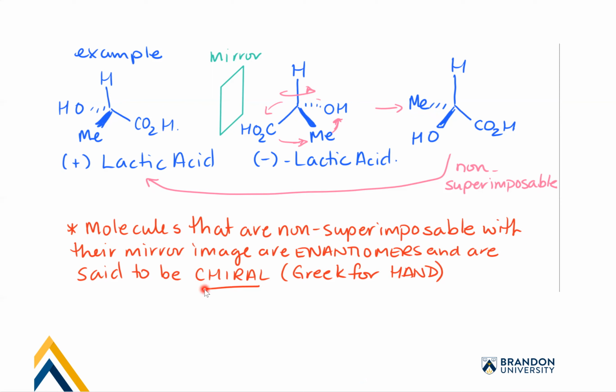So there's a whole host of molecules that are achiral. For example, H2, N2, O2. If you were to take a mirror image of any of these, it would be completely superimposable on itself.